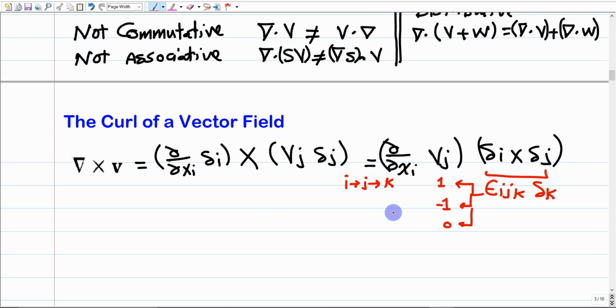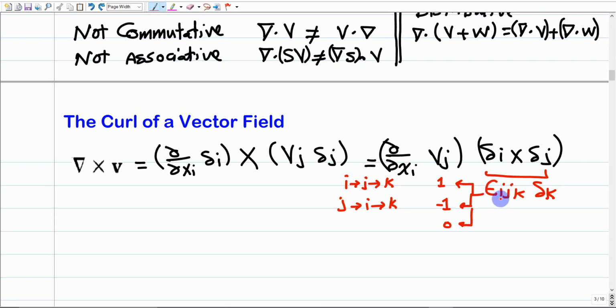The regular order as written there is I, then J, then K. If you follow this order of the indices, the value of this epsilon is 1.